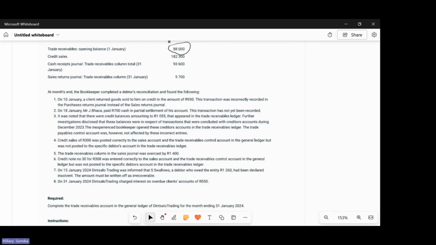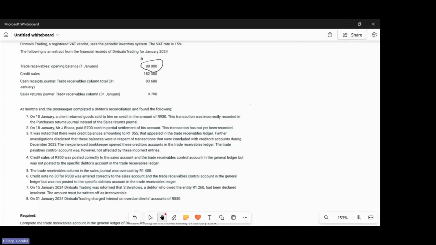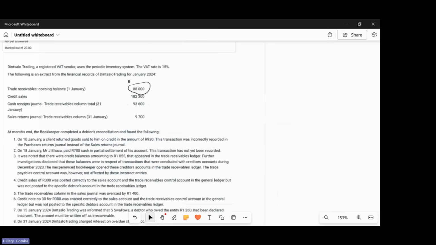It says on 10 January, a client returned goods sold to him on credit in the amount of 930. This transaction was incorrectly recorded in the purchases returns journal instead of the sales returns journal. So what this means is that there was a client that we had previously sold goods to on credit.